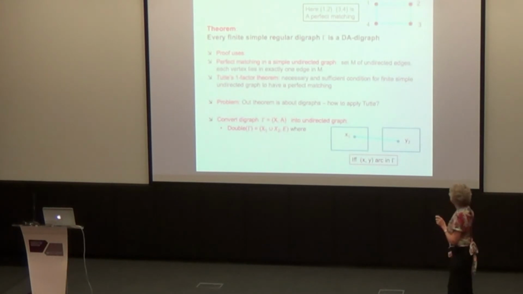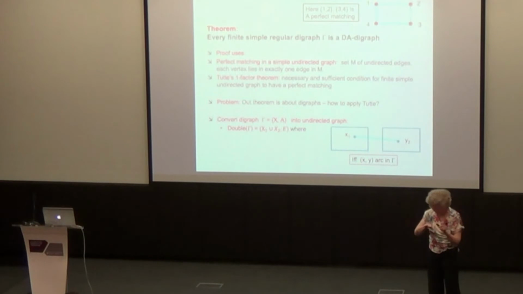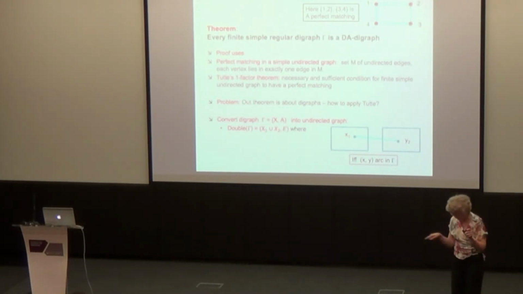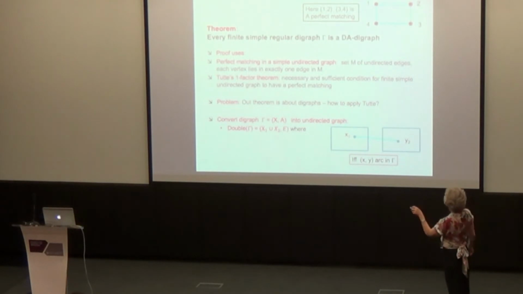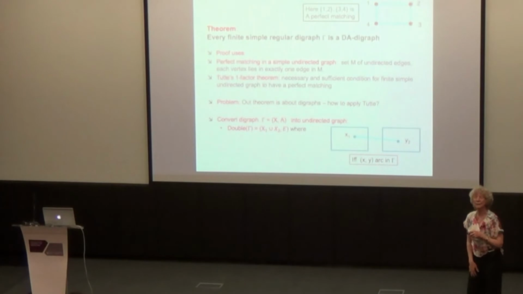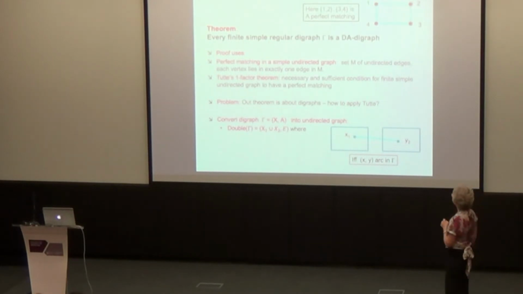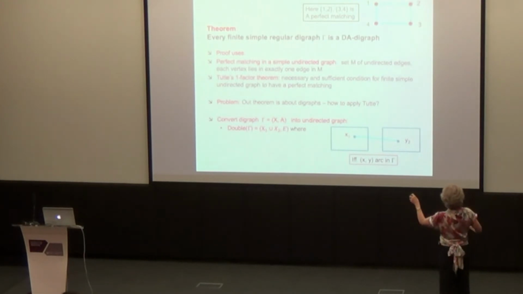How do we prove it? Well, the proof, and we're talking about underlying simple digraphs, definitely with edges with directions on them, uses the concept of a perfect matching in a simple undirected graph, and it has an application of Tutte's one-factor theorem, which has to do with matchings in undirected graphs. So let me explain. What is a perfect matching?